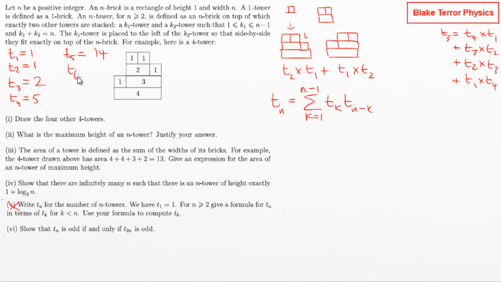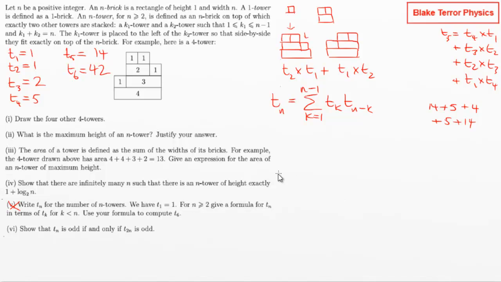So T6 is going to be equal to 14 plus 5 plus 4 plus 5 plus 14. So 28, 38, 42. Right. Eek.